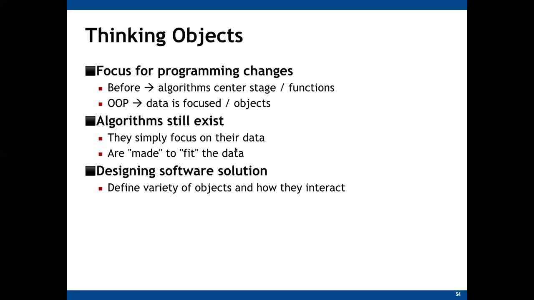So in OOP, we define objects and how they interact. That's a big difference between the procedural programming paradigm such as C and the object-oriented programming paradigm, which is C++ and Java.